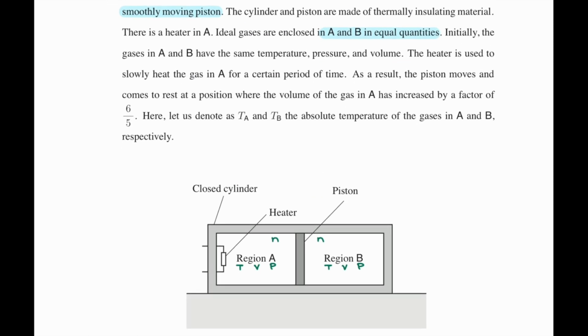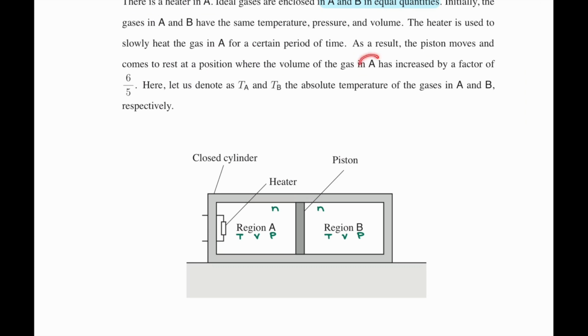So this is the initial condition for our ideal gases. And then the heater is now used to slowly heat the gas in A for a certain period of time. So we turn on the heater. Of course, the temperature of region A will increase. And then, as a result, the piston moves and comes to rest at a position where the volume of gas in A has increased by a factor of 6/5.